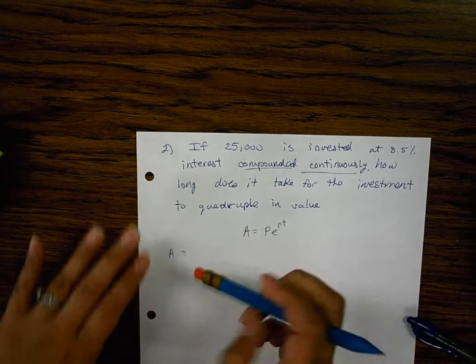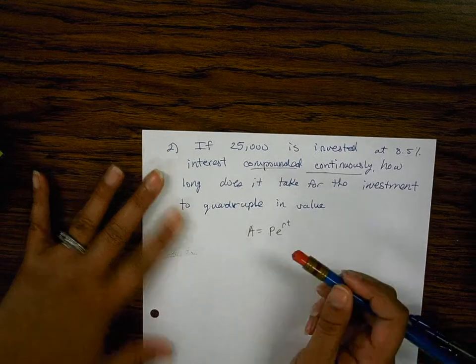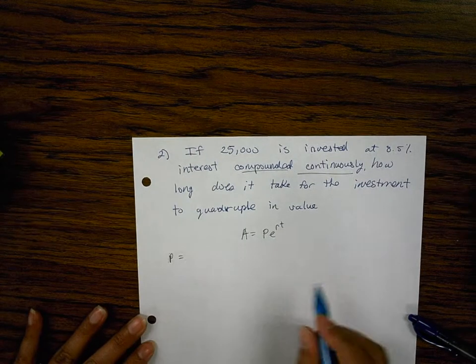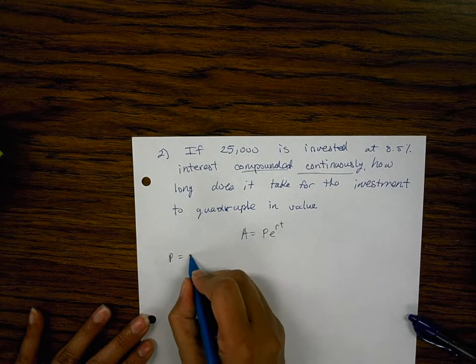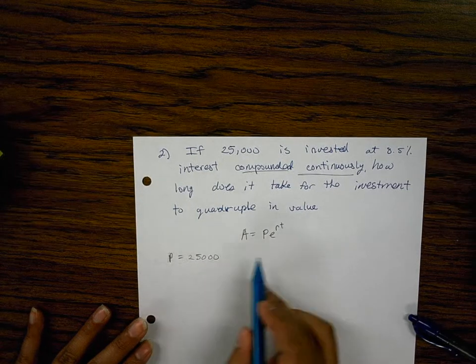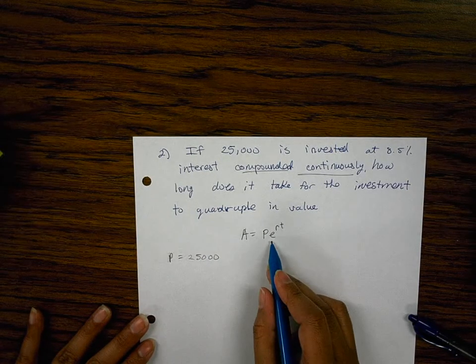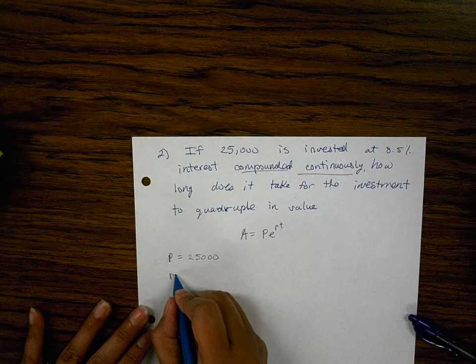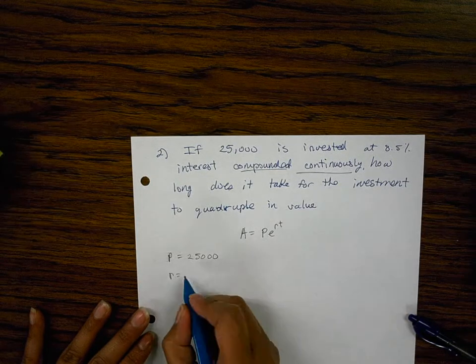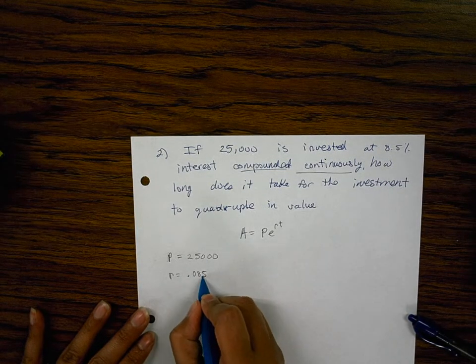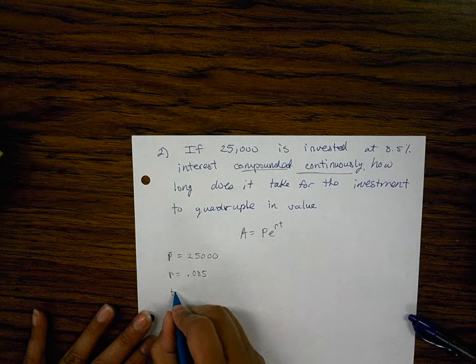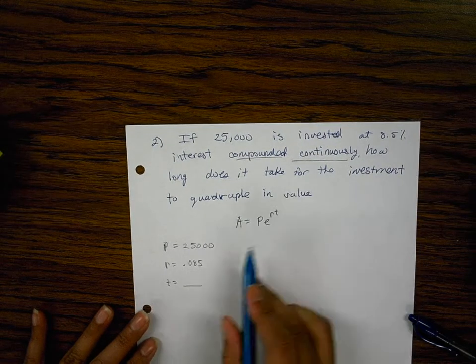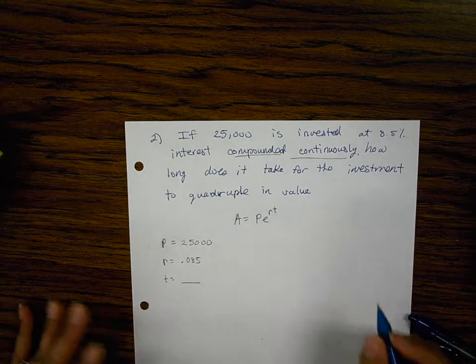A equals P e raised to the rt. We'll start with P since we did that earlier. P equals the initial amount you started with, 25,000. E is just a number in your calculator. R equals the rate, 0.085. T is the time, we don't know that.